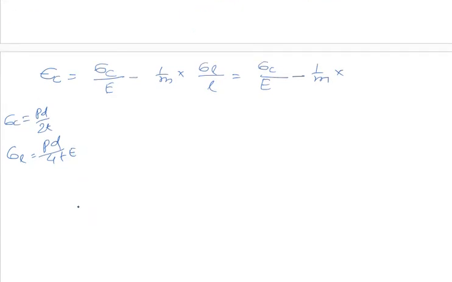So we can write sigma L, longitudinal stress, PD by 2T by 2. This is PD by 4T, correct? So sigma L is equal to half of circumferential stress.